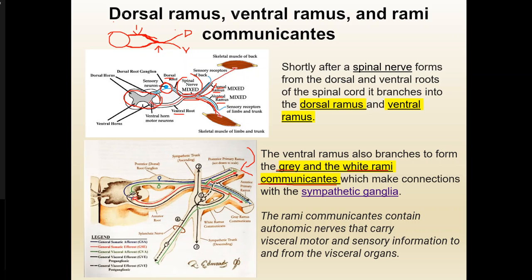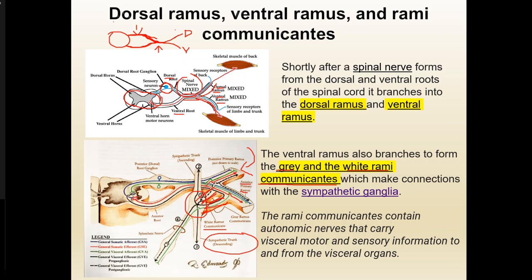The gray and white rami communicantes are branches. They branch out from the anterior ramus, and they are communicantes because they put in communication your sympathetic trunk, all the ganglia of the sympathetic trunk, with the anterior ramus of your spinal nerve.